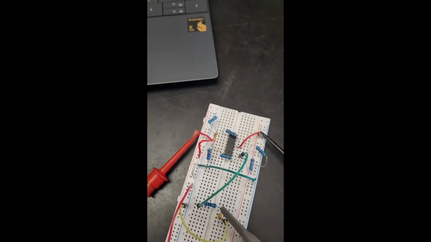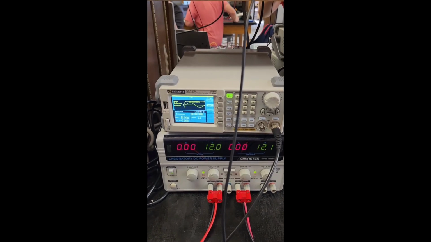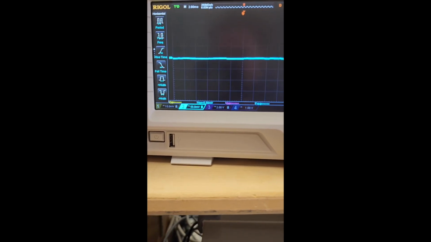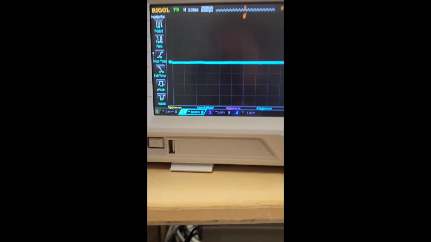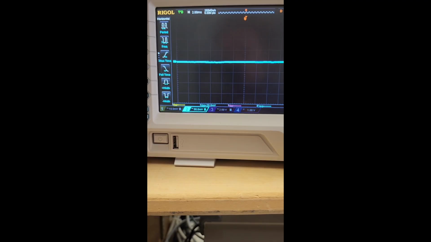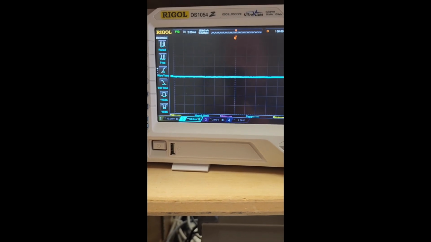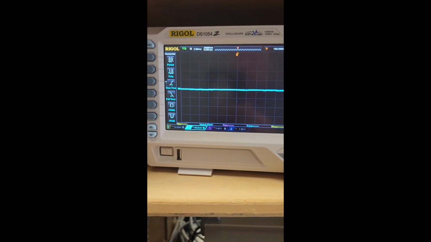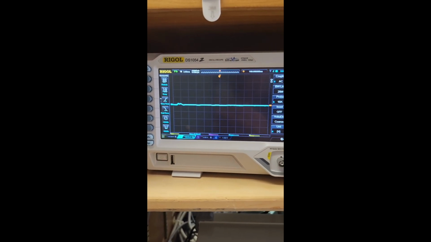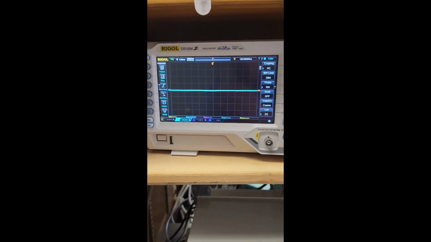When we measure again with no input from the function generator, we can see that we do get a lower output, which ranges from 8 to about 20 or 30 millivolts peak to peak, a bit less than our unfiltered noise.